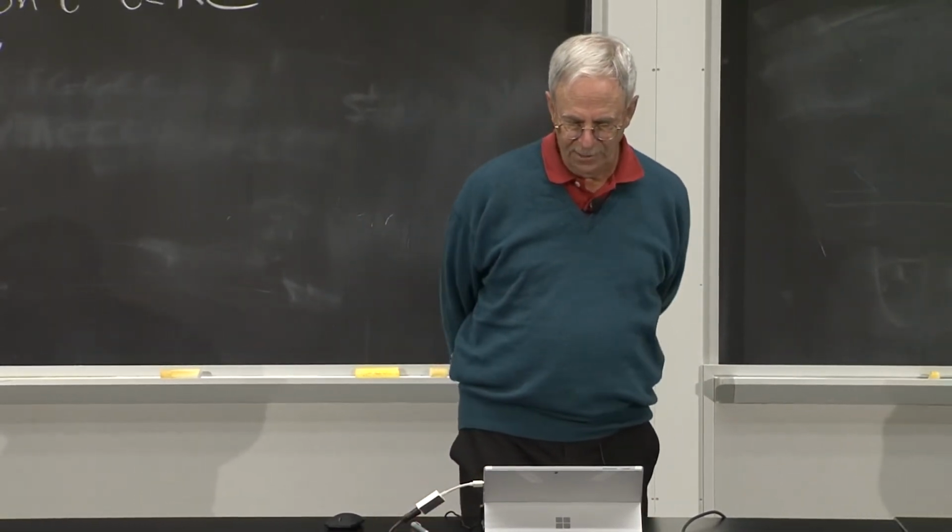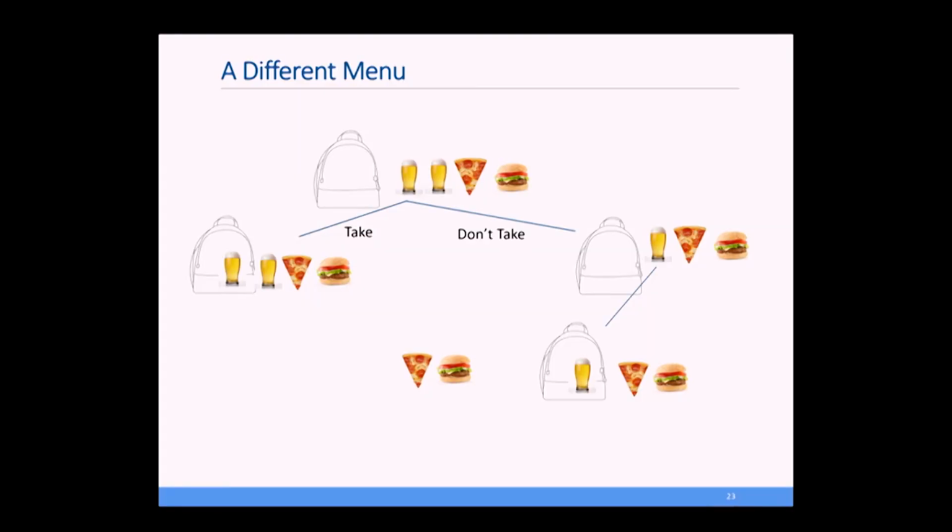But let's look at a different menu. So this menu happens to have 2 beers in it. Now, if we look at what happens, do we see 2 nodes that are solving the same problem? And the answer is what?